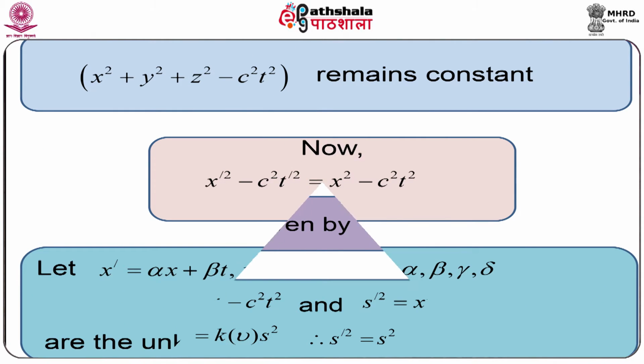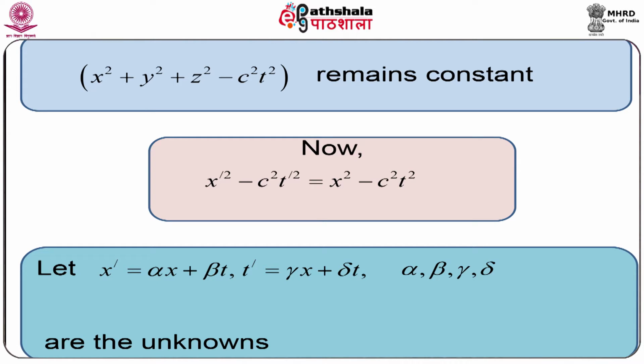Thus, one can say that the quantity x square plus y square plus z square minus c square t square remains constant. That is, we have x square plus y square plus z square minus c square t square equal to x' square plus y' square plus z' square minus c square t' square.